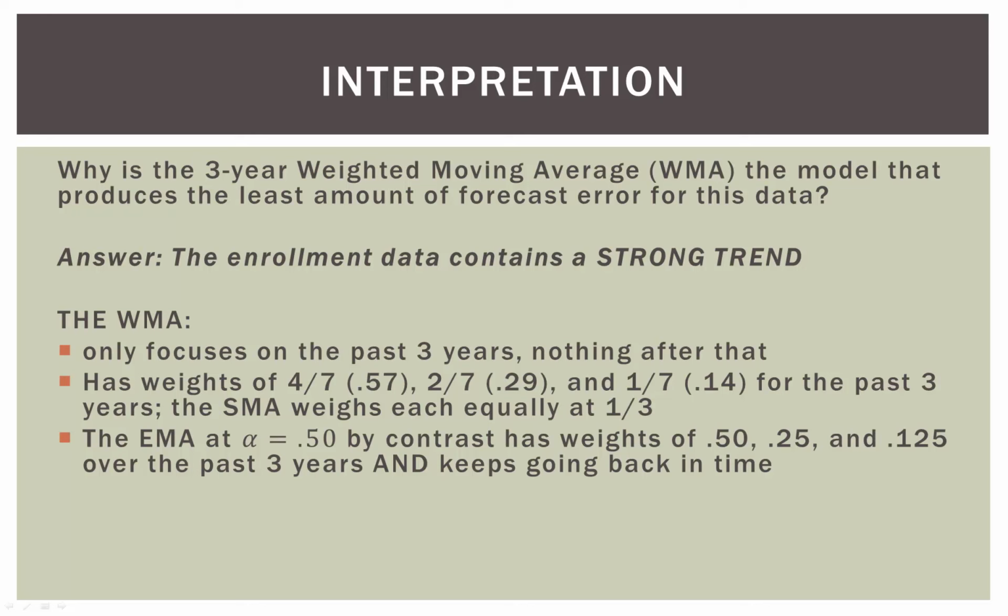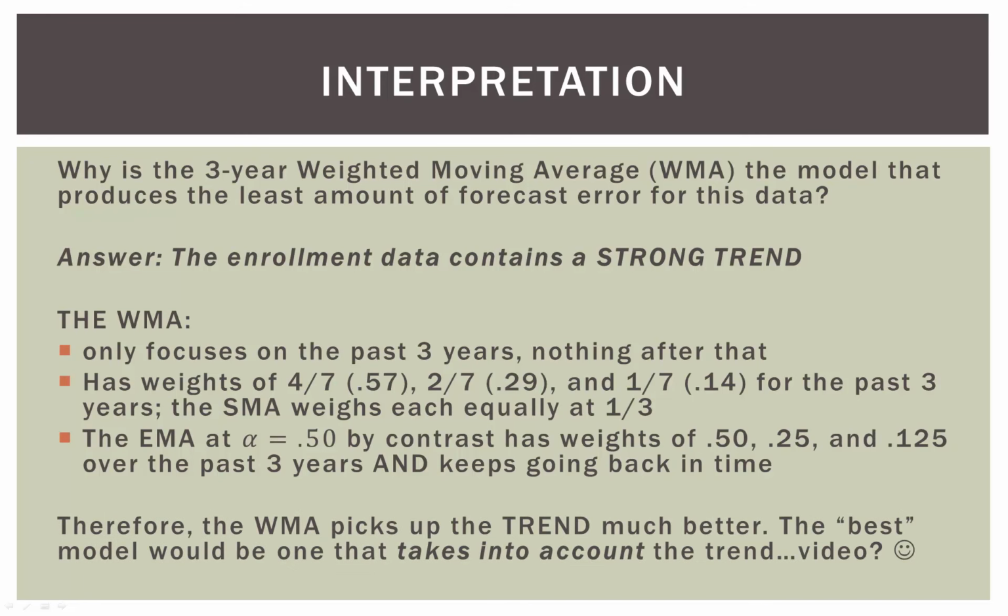But because of the nature of the EMA, the weights for the EMA never reach 0. They keep getting smaller and smaller, very tiny weights to infinity, actually. So whereas the WMA stops dead cold after 3 years in the past, the EMA keeps inputting previous years from the very distant past, even though it's at a very small amount as you go back, but nonetheless it's still there.